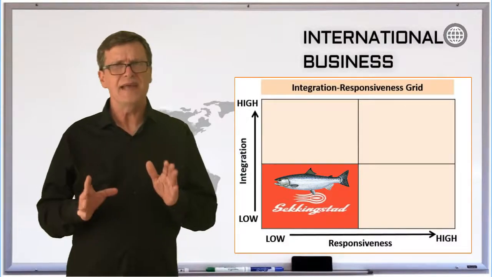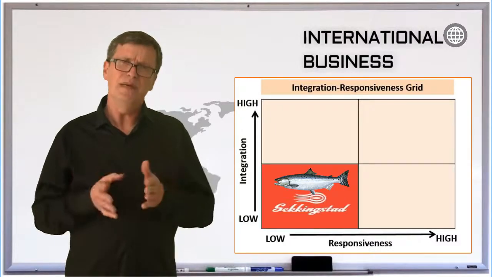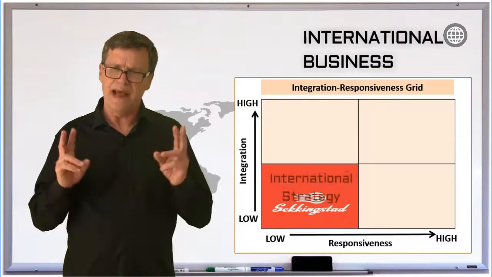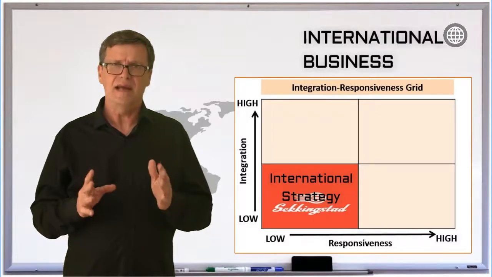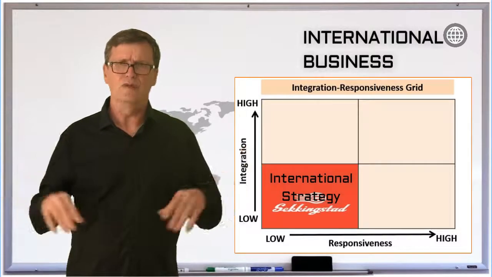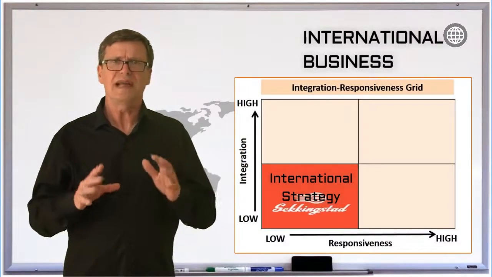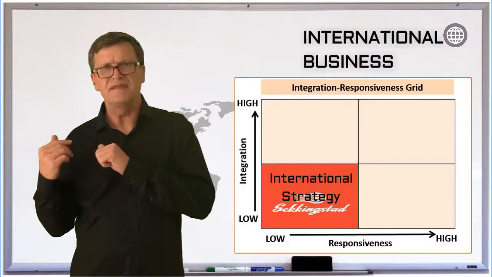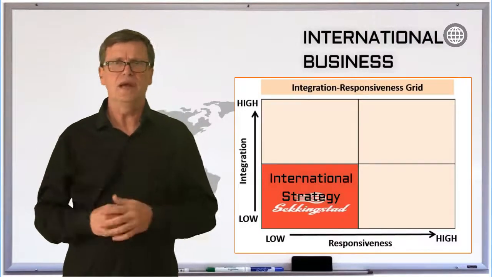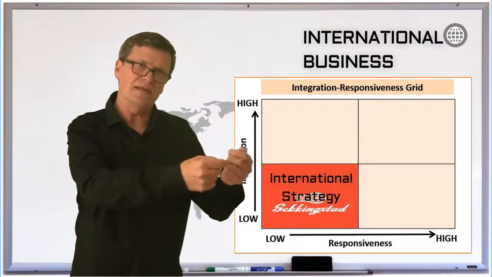So we could say that Sekkingstad AS Norway have a pretty standard product, salmon. And in fact, that product is pretty generic or common all over the world. Salmon is salmon is salmon. And all of Sekkingstad's production and processing facilities are located in Norway, and they're exporting the majority of their fish or other products.